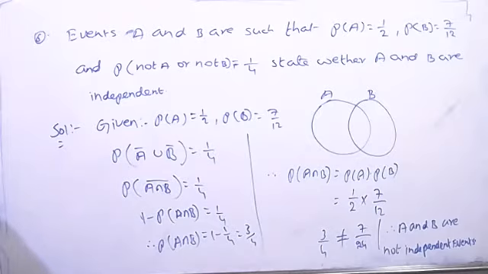The second exercise depends completely on independent events only, and we just have to cross check whether the given events are independent or not.